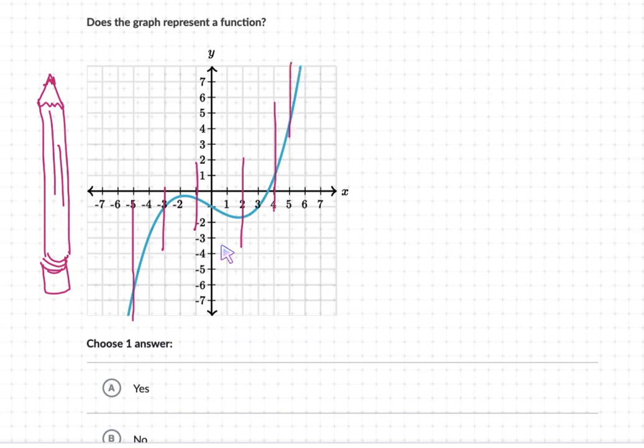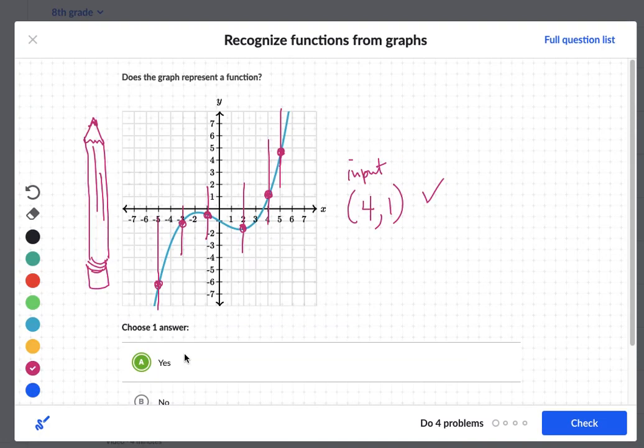Remember, I'm looking for just one unique output. It looks good. It's only touching the line at one point. So for example, let's use this one. When I put in 4 as my input, I'm only getting out 1 as my output. That's good. If it touched more than one point, then that would be bad. Okay, so this one should have been a yes.